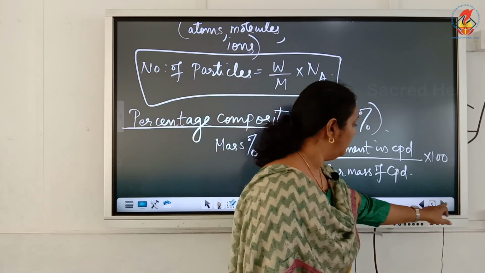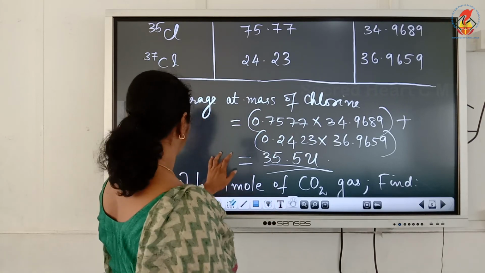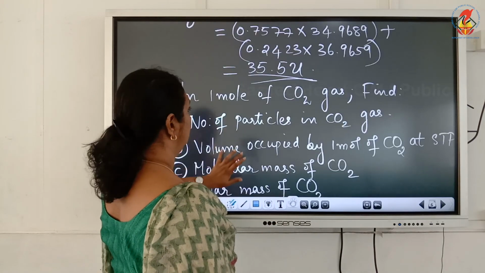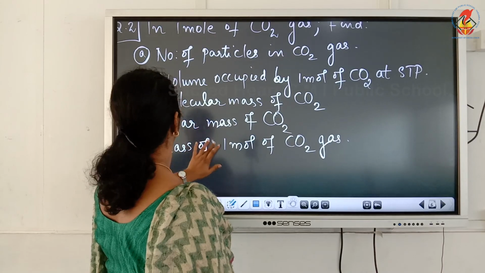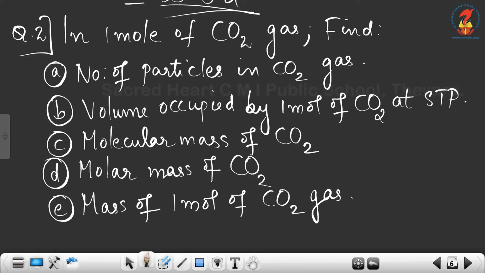Now there is one question written on the board. Question number 2. In 1 mole of carbon dioxide gas, find number of particles in CO2 gas. In 1 mole, what is the number of particles?